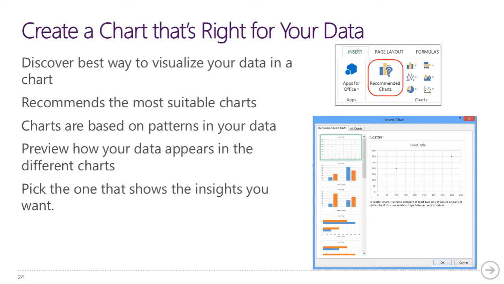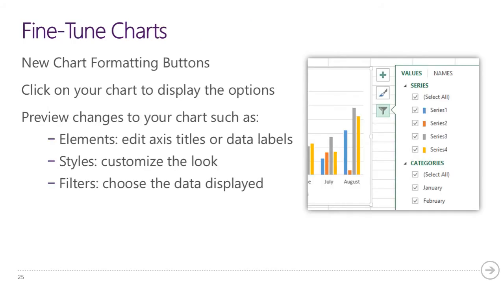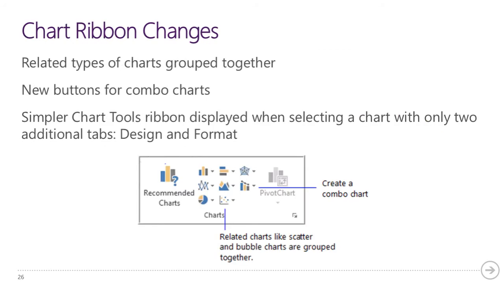You can actually pick the chart that shows the insights that you want, and then you can go to the next level where you can have more control over fine tuning and cutting out and adding areas to the chart that make sense for what you want to actually show. On the ribbon itself, you'll see there's some changes on the chart ribbon, including a lot of related types of charts that are grouped together.